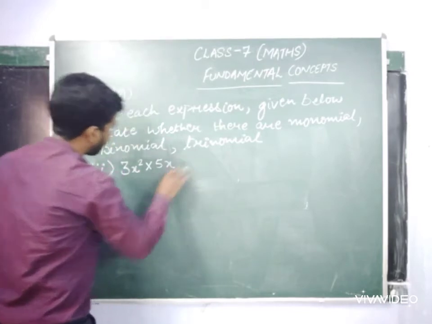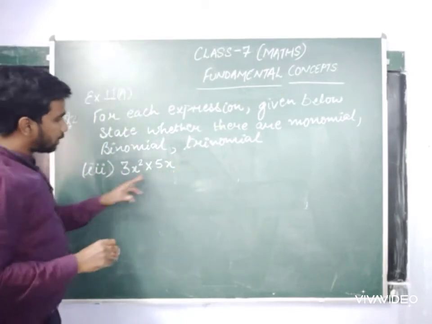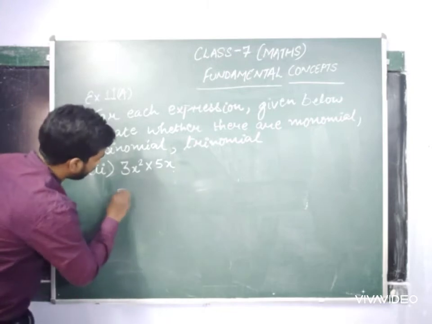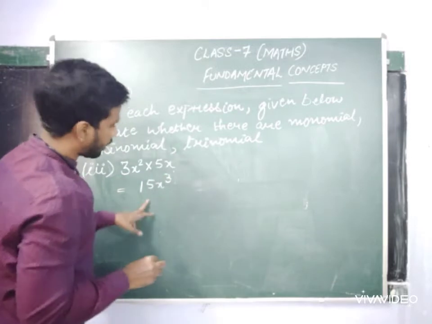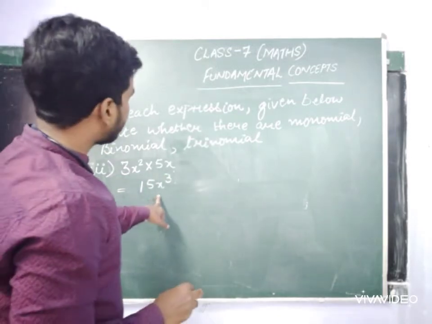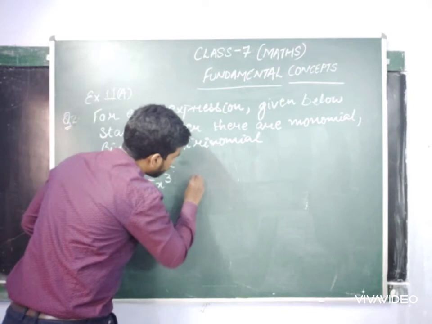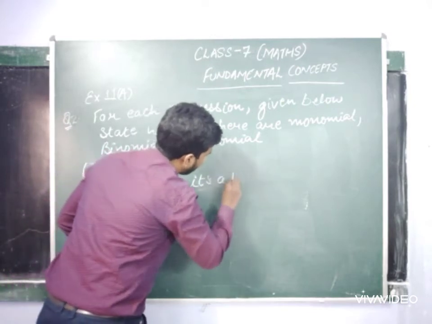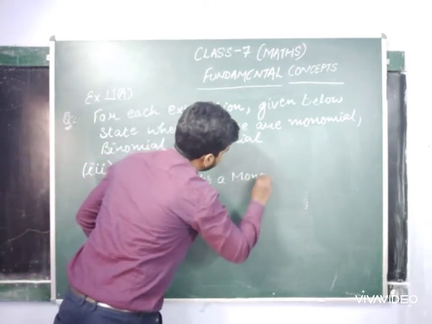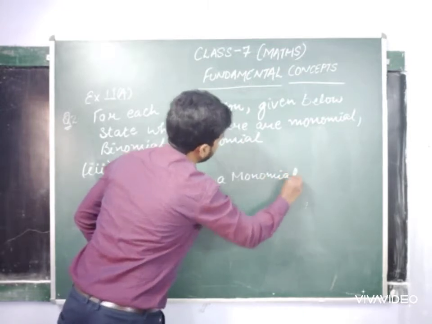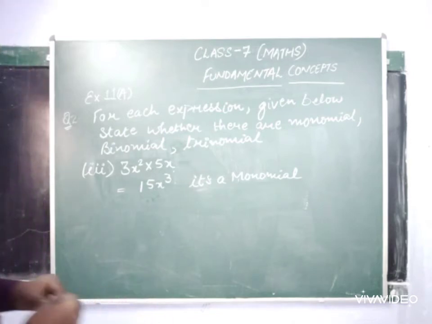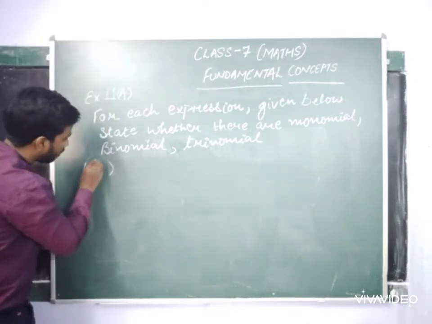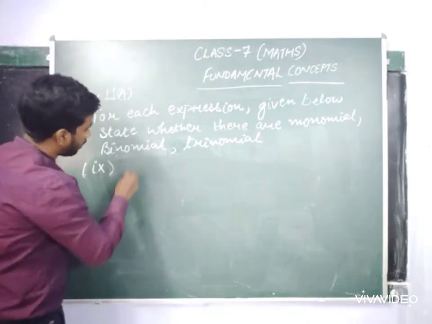So again, see, when you multiply these both terms, you will get 15x cube, which is again a single term. That is why it is a monomial. Clear? Take a look. So now the next part is the ninth part.